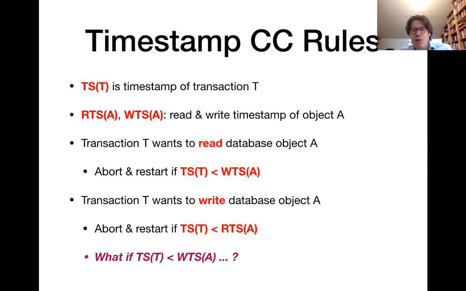Because logically, if transactions had really executed in timestamp order, then the final write to object A would have been executed by the later transaction. But here we are trying to override the later value with an earlier value. So a naive way of doing this is to just say, okay, in those cases, we abort and restart the transaction.